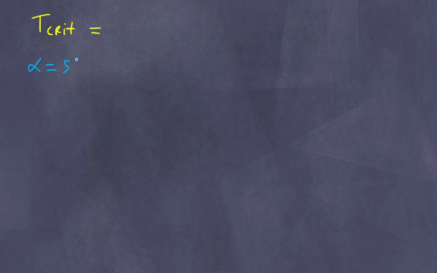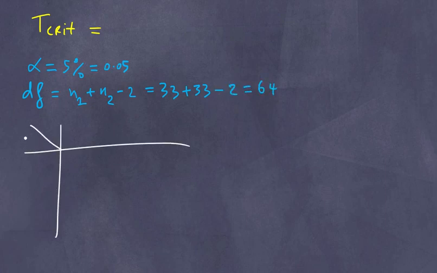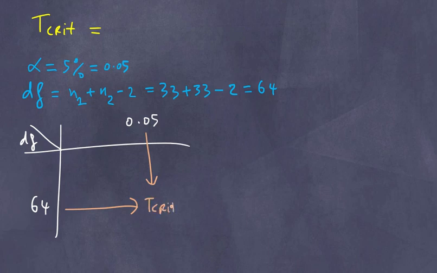Now we're using alpha equal 5%, which is 0.05. How many degrees of freedom? The number of degrees of freedom in this case is n1 plus n2 minus 2, which is 33 plus 33 minus 2. And so you look at the T table, you have 64 degrees of freedom, you have alpha equals 0.05, and we find T-crit to be 1.67.